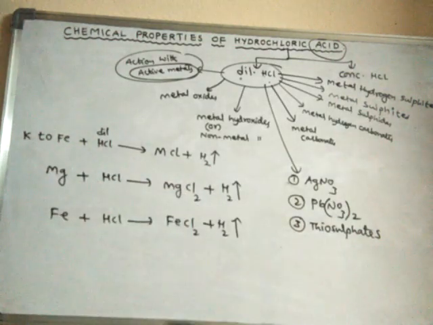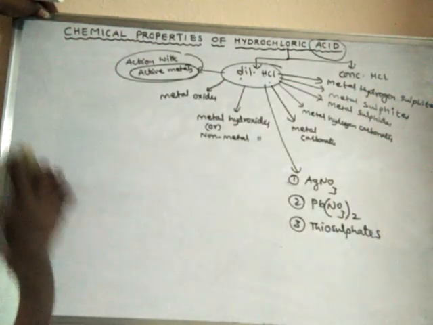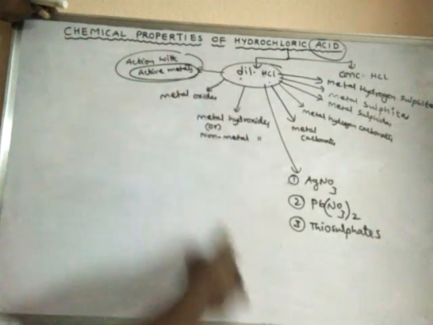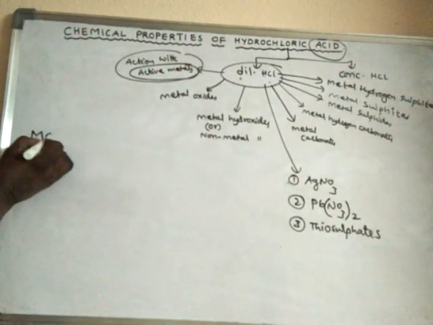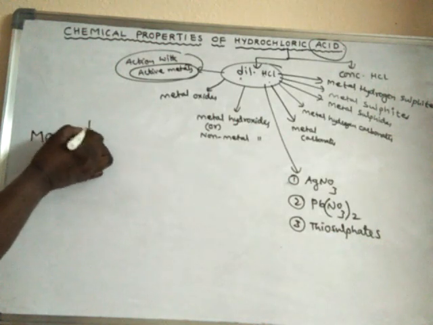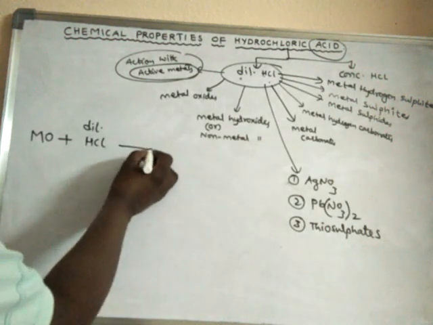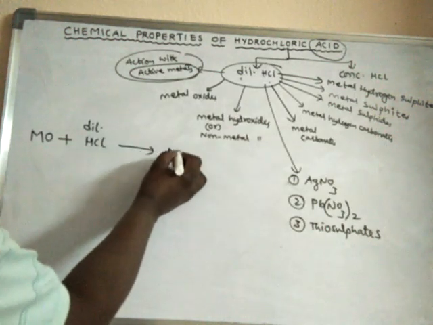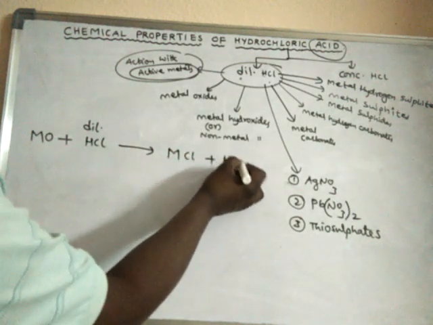Now let us learn about the reaction of metal oxides with dilute hydrochloric acid. Metal oxides react with dilute hydrochloric acid to form metal chlorides, and water is formed in this case.